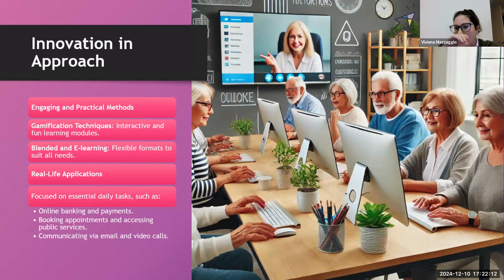We also cover communicating via email and video calls. For example, last Monday we had a lesson in which we saw how to use emails, and then we started talking about what happens if I receive an email invitation saying I have to click on a link to go on Google Meet, or on Zoom, because, for example, I need to be in a meeting with my neighbors.